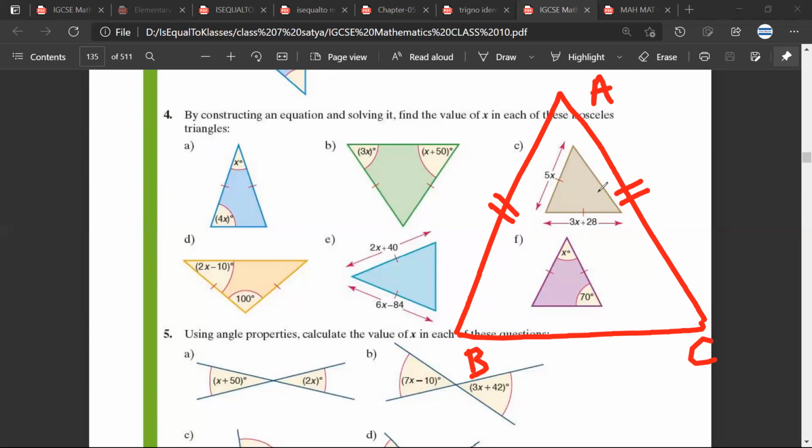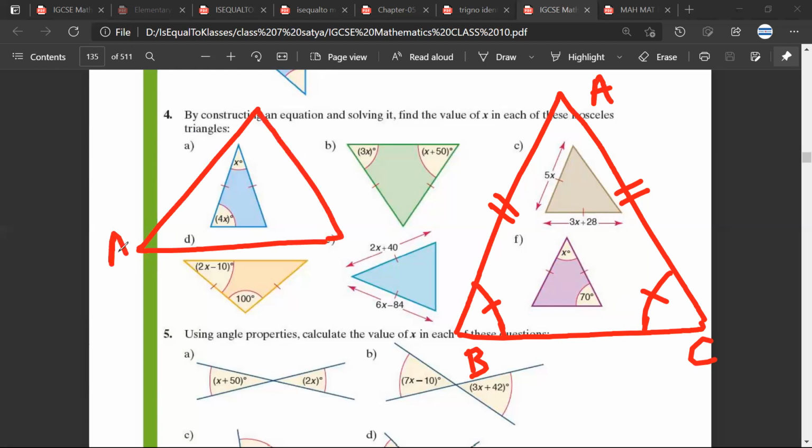Now the good thing about an isosceles triangle is that if these two sides are equal, the angles which are opposite to them would also be equal. Yes, sir. Any doubt? No, sir.